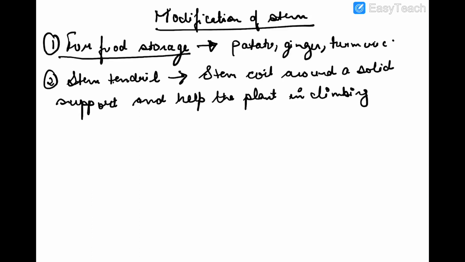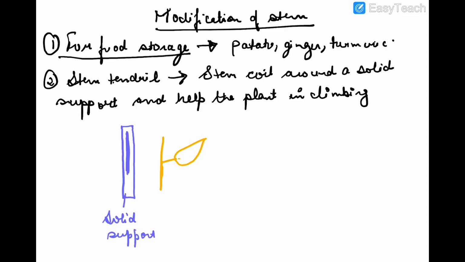For example, if this is a solid support, and this is the stem from which leaves are arising, then this stem will coil around this solid support. The example of stem tendril is cucumber, pumpkin, and watermelon.